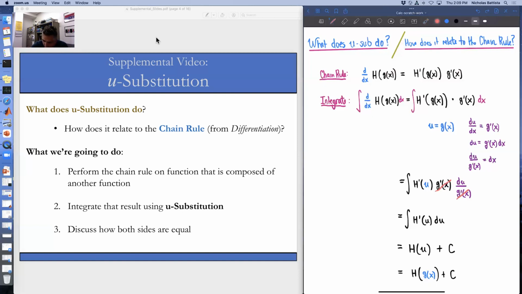So this left-hand side for us as well actually just gives us back h of g of x, since you can think of integration as undoing the differentiation in the integrand. And of course, we get an integration constant. So you can basically see how both sides of these are all related, how a chain rule can be undone using a u-substitution type method, and that's how we can identify this relationship between chain rule differentiation and u-substitution.